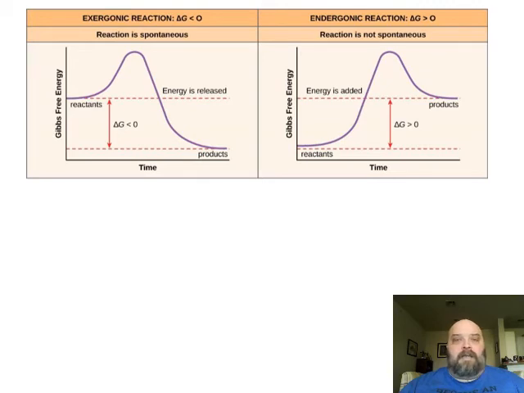Delta G is a calculation based on temperature, based on how much energy is already present in the chemical bonds, based on how much is going to be lost. Don't worry, I'm not going to ask you to calculate delta G's. But when you look at it, delta G less than 0 means the reactants are going to come together. They're going to react together and become products. The products, in that going from reactants to products, that reaction is going to give off energy.